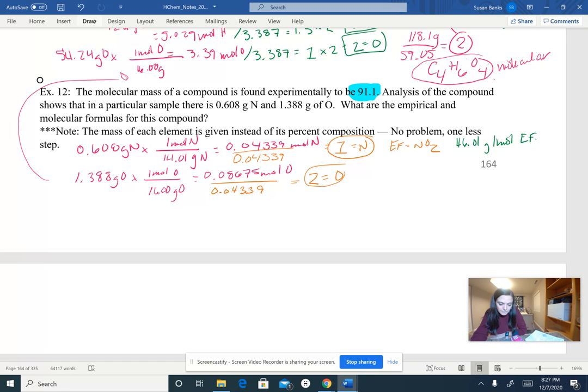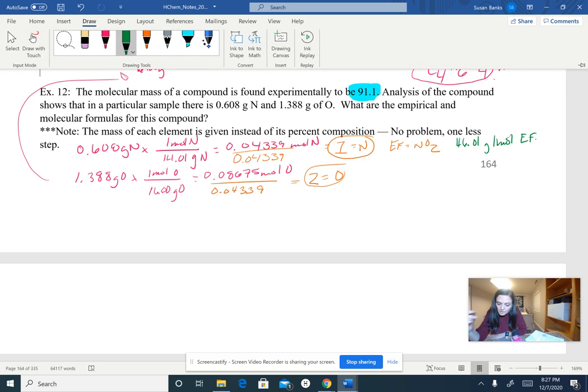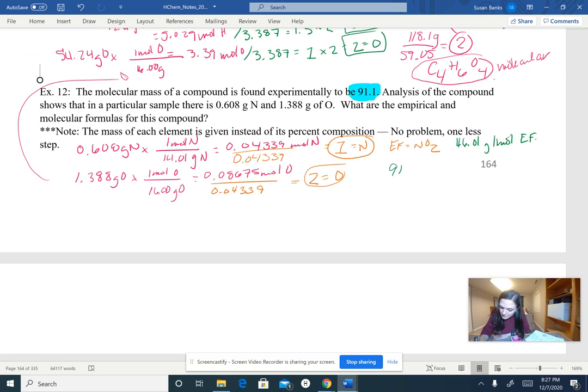So what we need to do is find out how many empirical units there are in a molecule unit. So I'm going to take 91.1 divided by 46.1, and I'm going to see what that whole number ratio is. That gives me 1.976, which is super close to 2 for a whole number. So that means I need to multiply my empirical formula by 2.